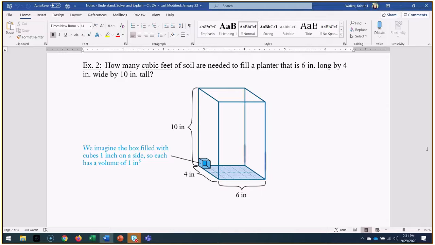But I'm going to write down everything I have here. So they want cubic feet is the question. We have 6 inches long, 4 inches wide, and 10 inches tall.